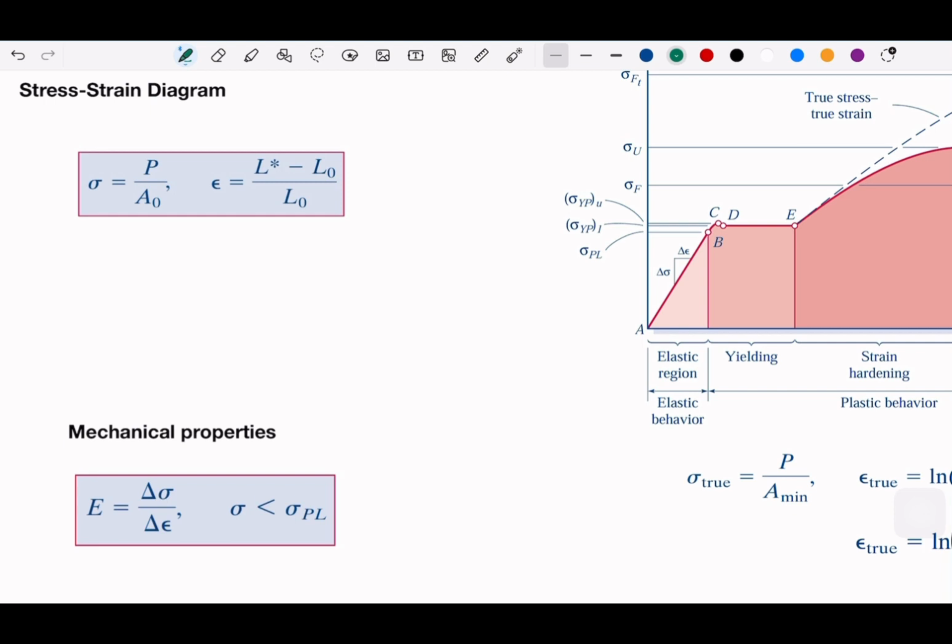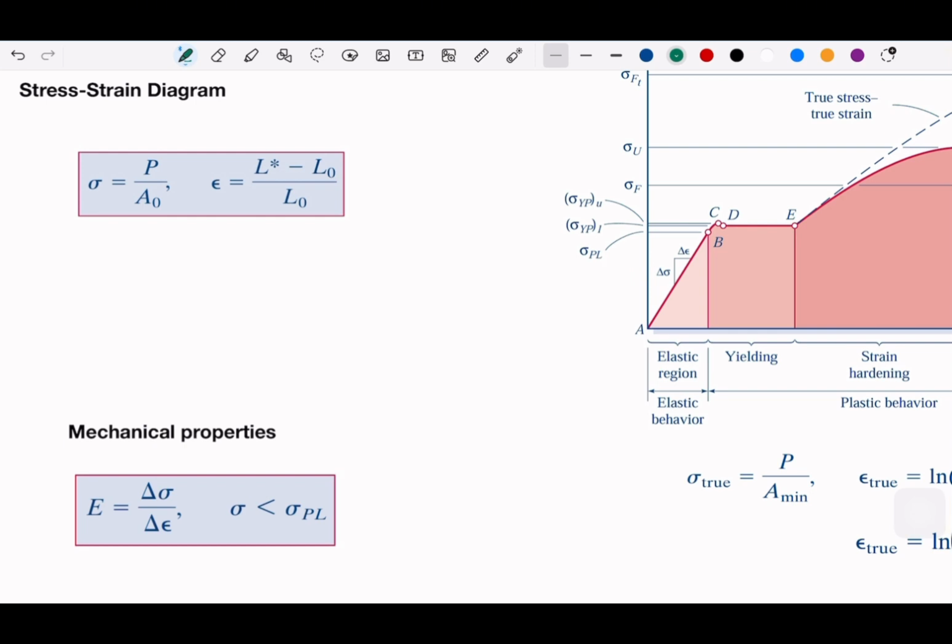So the force, or P here, you are going to divide by the original cross-section of the specimen, which is standard in the ASTM material standards. You will get the original surface area, and you get the stress. And then for the strain, you get data that looks like this.